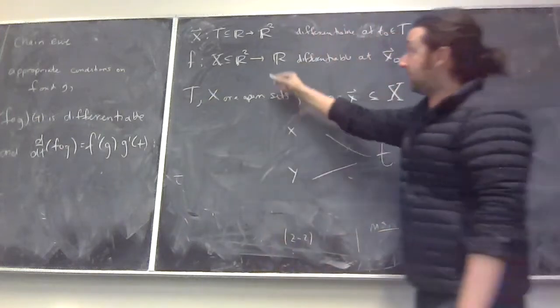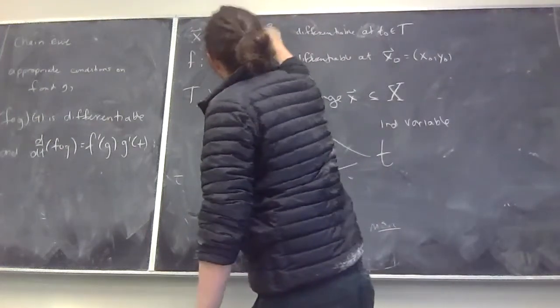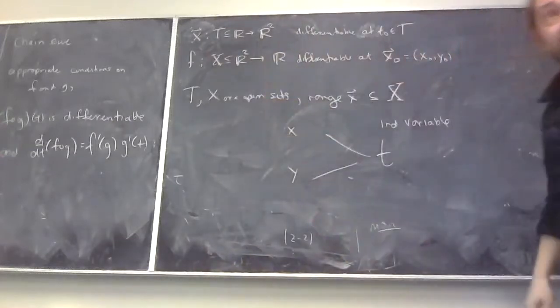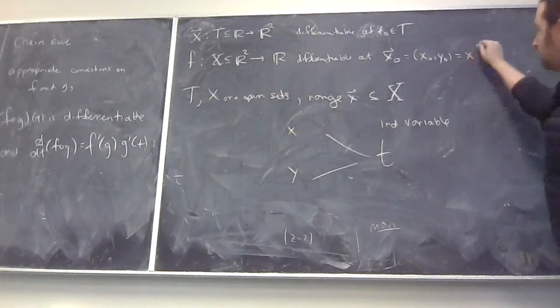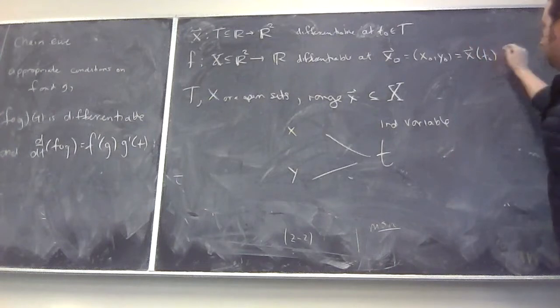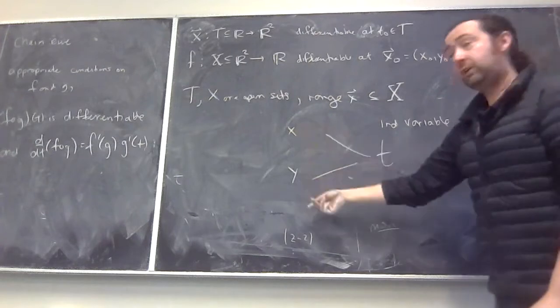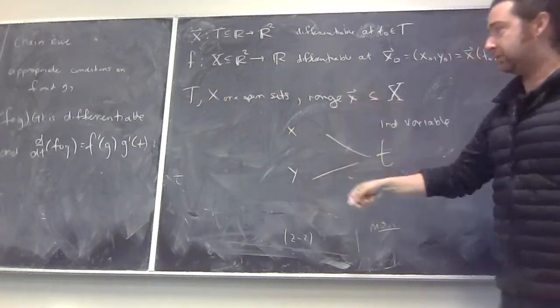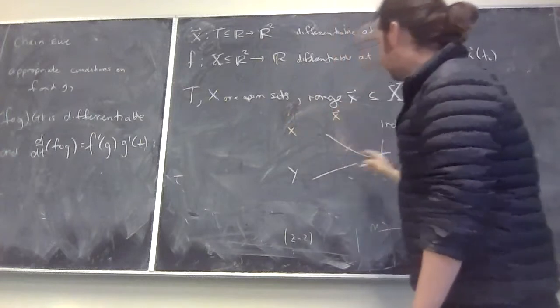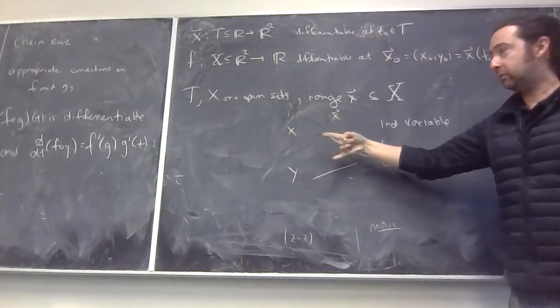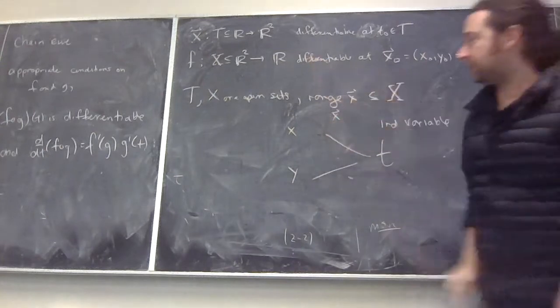That's what it does because x takes a single variable in and produces 2 outputs. Okay, so just to make sure that we keep track of the notation here, this is x of t naught. So a t goes in, and x and y come out. That's what the action of x does. The function capital X takes that t and splits it up into 2 variables. Then each of those variables feeds back into f.